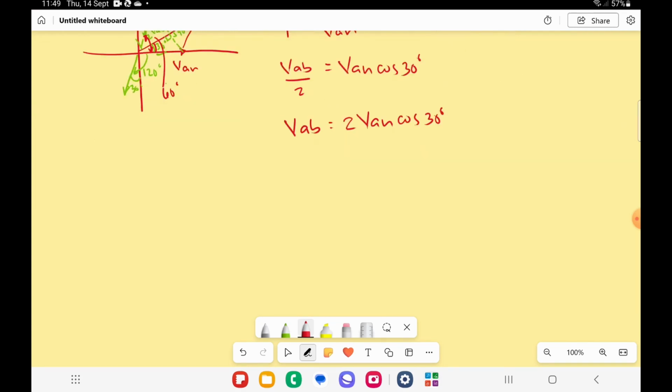cross multiplication again, we get... and what is the value of cosine 30 degrees? Cosine 30 degrees is equal to square root of 3 over 2. So therefore VAB will become... therefore 2 is cancelled.